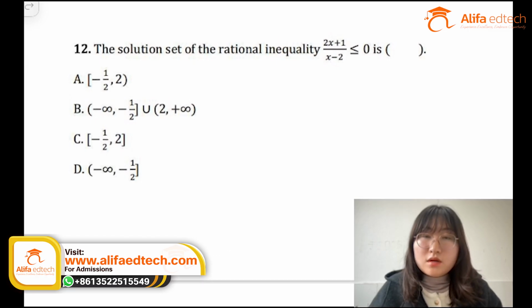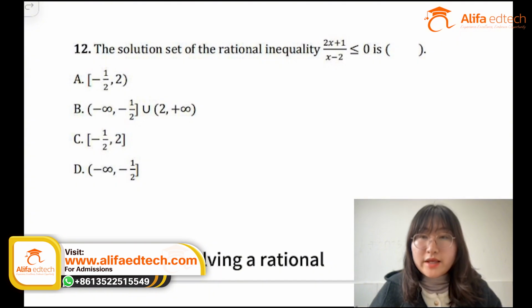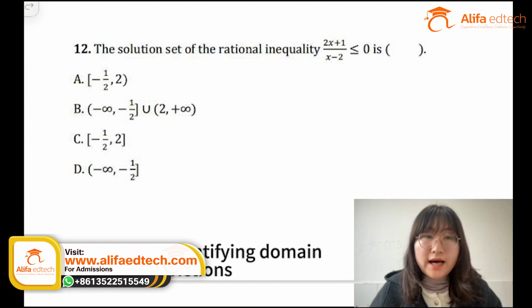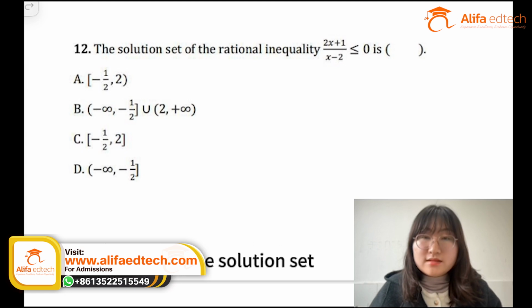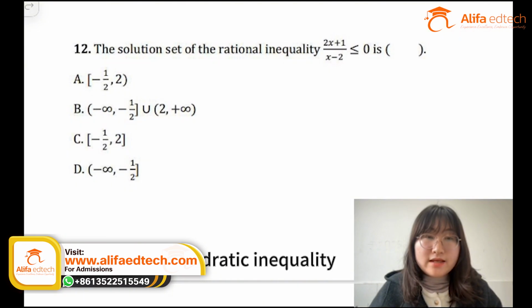Question 12. The focus here is solving a rational inequality and identifying domain restrictions. We need to find the solution set. To solve this, we treat it like a quadratic inequality.